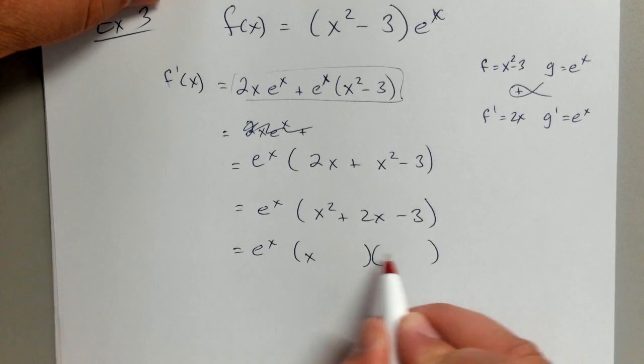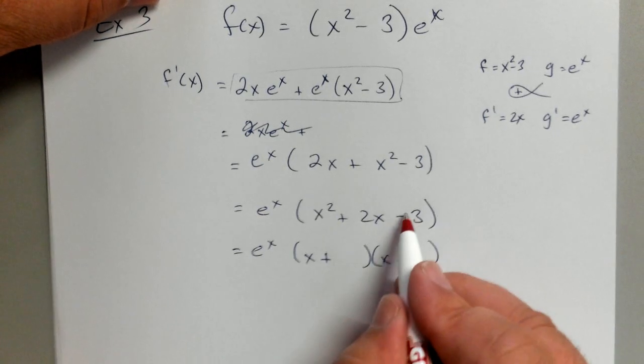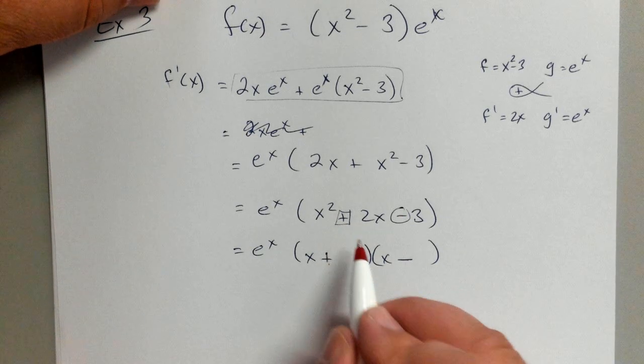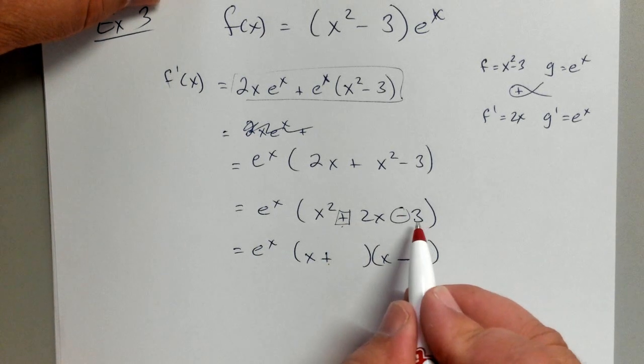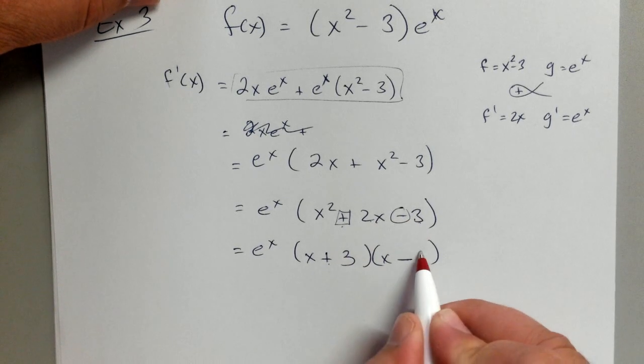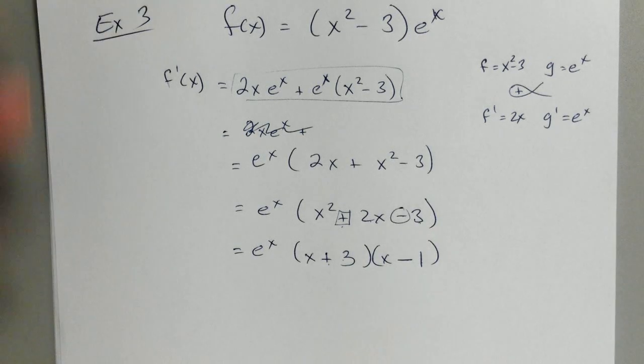Factor this one out. Since the signs have opposite signs, that means the bigger number is going to be positive. What times what is 3? When you subtract them, you get 2. 3 and 1. 3 times 1 is 3. 3 minus 1 is 2.